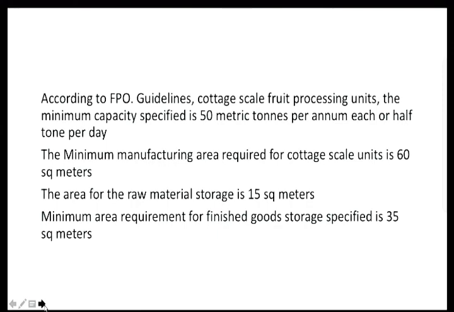The manufacturing area is 150, storage area is 40, and the area for finished goods is 80. But in the A category, the production capacity of the processing unit is very less, 50 to 100 metric tons only. For minimum manufacturing area 30, the storage area we assign for raw material is 30, and the area for finished goods is 50. So this is one of the conditions when you go for a small scale industry as well as a large scale industry; they can be categorized into two groups.